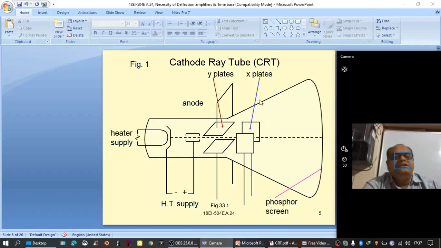That means we will see a line-like signal. Or if only a horizontal signal is applied without any vertical signal, then we see only a horizontal line. When both signals are used simultaneously, then only we can achieve the sharp display of the applied input signal on the CRT screen.